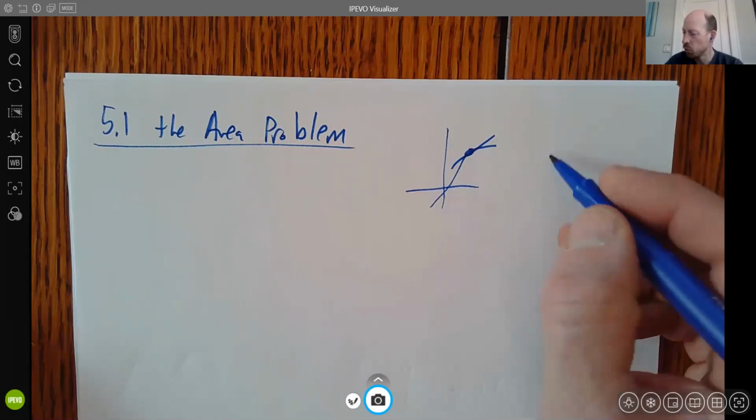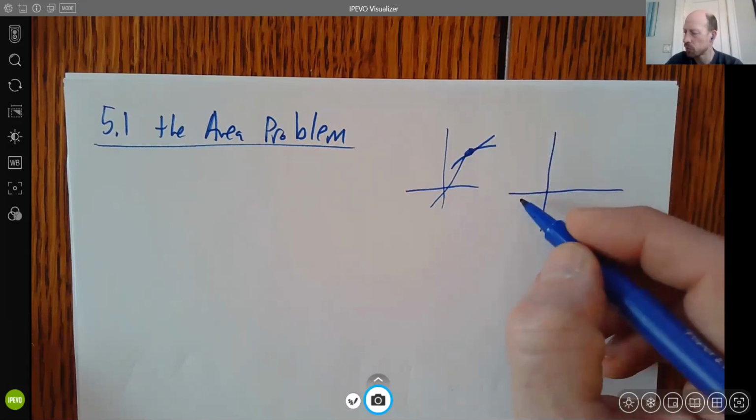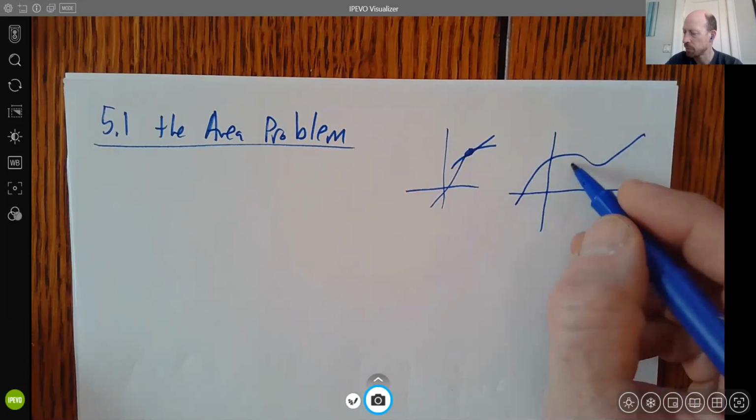The same holds true for the area problem. So the area problem is the second problem that we have.